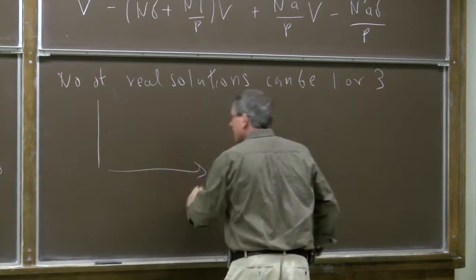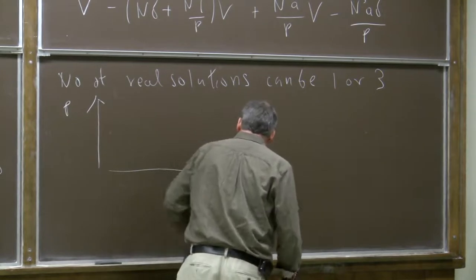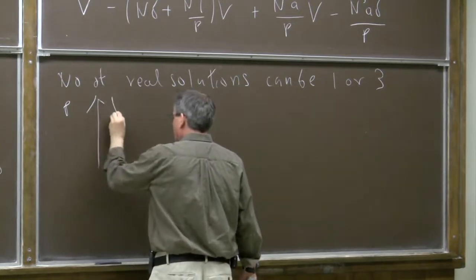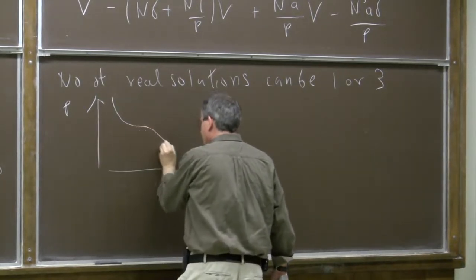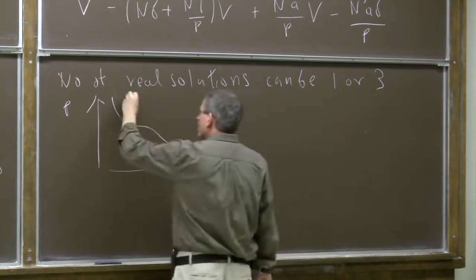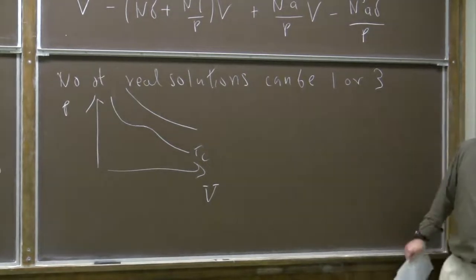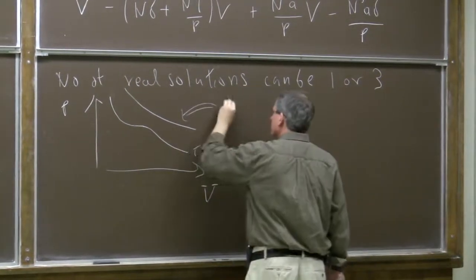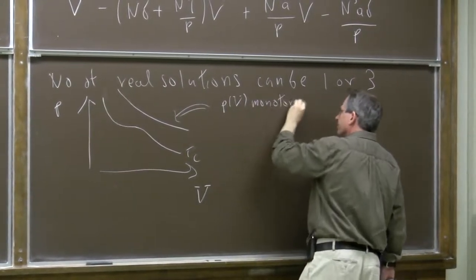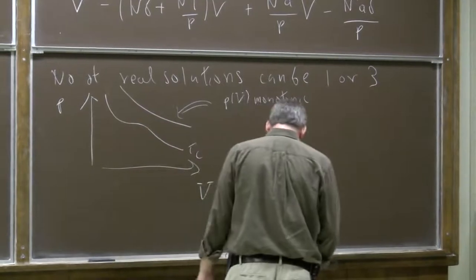So this equation, if you want to think of it as defining the pressure as a function of volume, for various values of the temperature, has a critical temperature, a critical isotherm, τc, which separates higher temperatures for which the pressure as a function of volume is monotonic, and so for each value of the pressure there's a unique value of the volume.